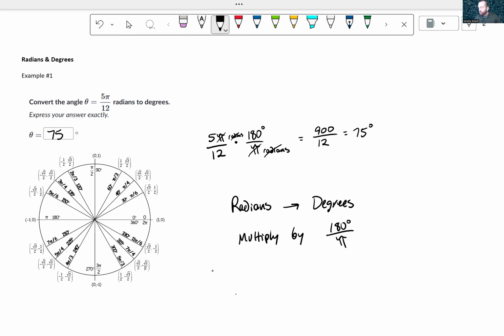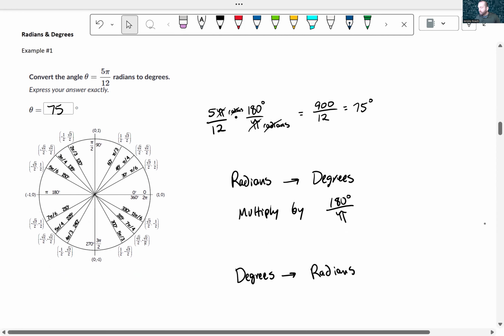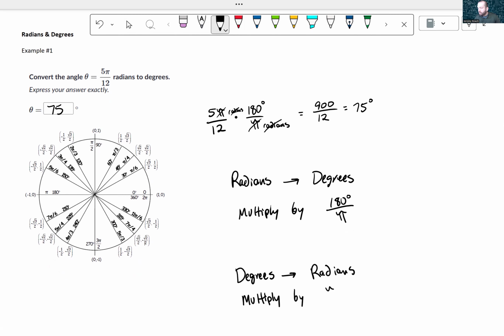If you're going from degrees to radians, you're going to multiply by pi over 180. So that's how you can cancel out the pi and you'll just be left with degrees.